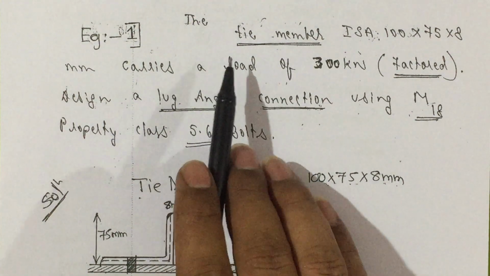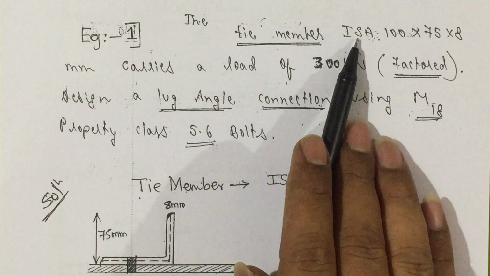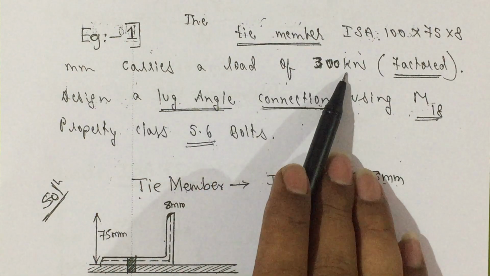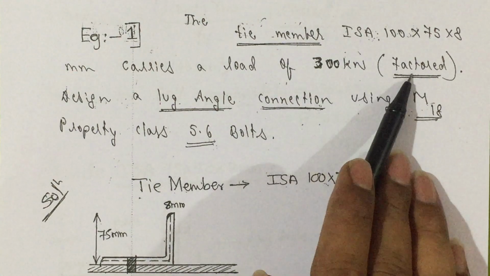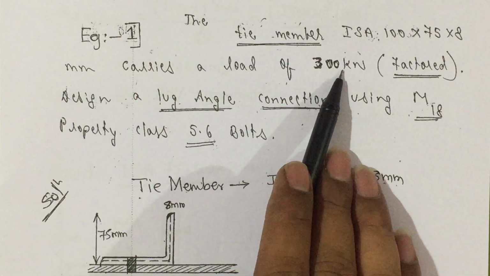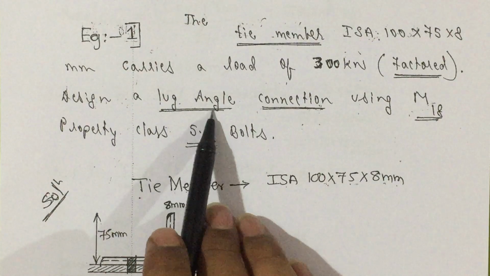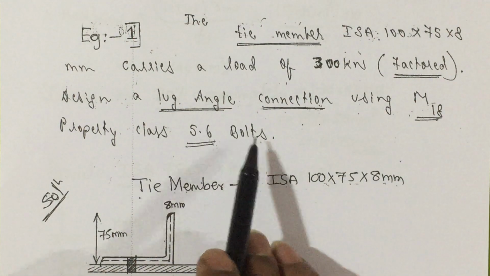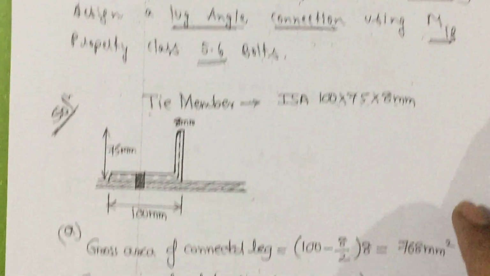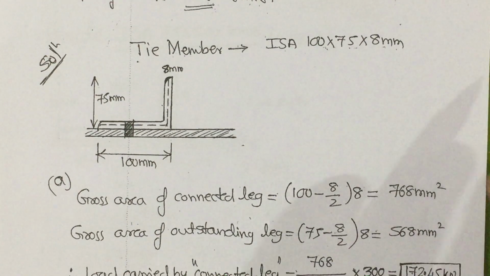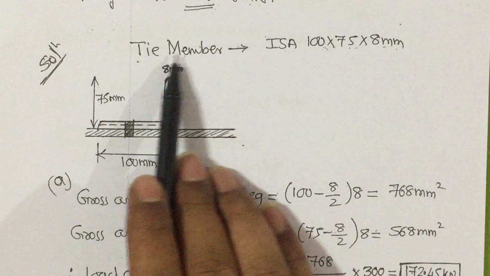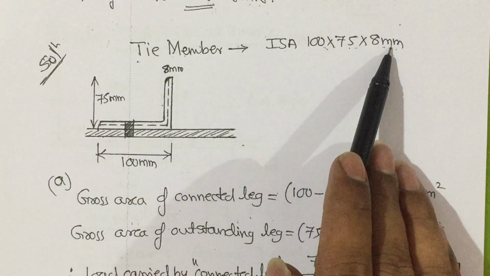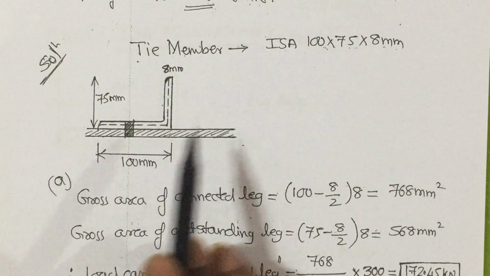The example: the tie member ISA 100 by 75 by 8 mm carries a load of 300 kilonewton, that is factored. Factored load is given, it is not the working load. Design a lug angle connection using M18 property class 5.6 bolts, it is a bolted connection. Here the given tie member, or tension member, is ISA 100 by 75 by 8 mm.